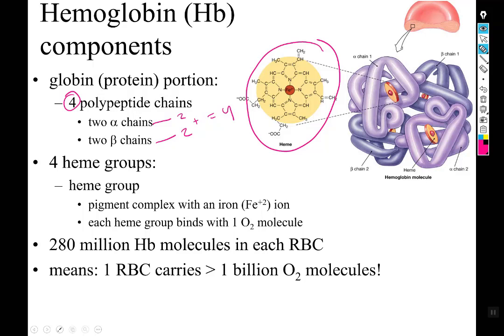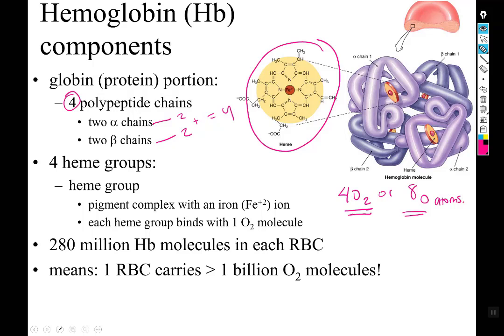Surprise! Each heme group binds with one oxygen, meaning that a hemoglobin can carry a total of 4 O2 or 8 oxygen atoms. I'm reminding you of this specifically because I want to remind you of the principle that molecules, which are atoms covalently bound to each other, are different from atoms.